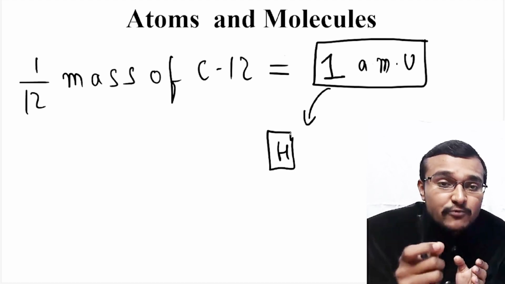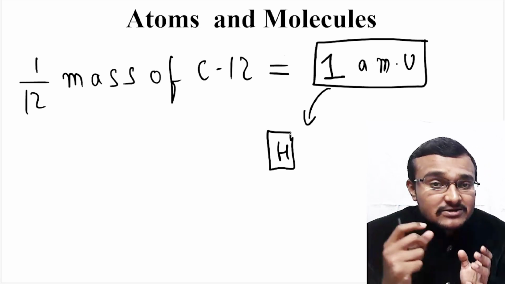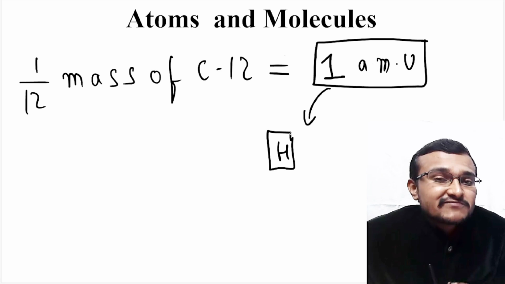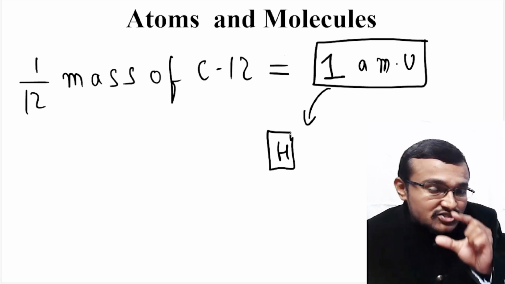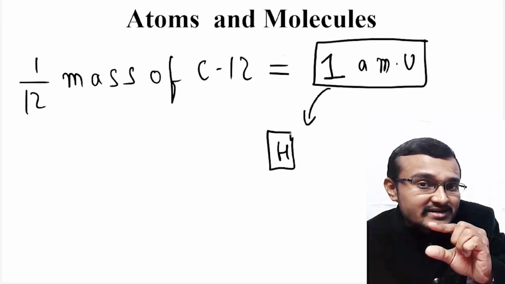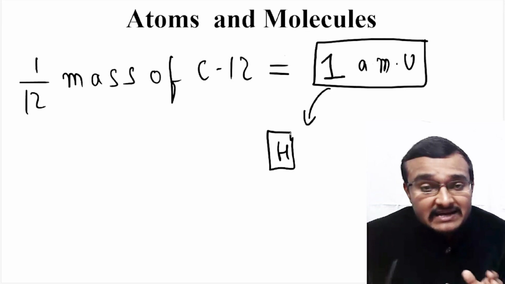This is how they use the scale of the carbon-12 isotope mass, and 1/12 of the mass of that carbon-12 they name as 1 atomic mass unit, and that 1 atomic mass unit is next used as the mass unit for different elements as well.